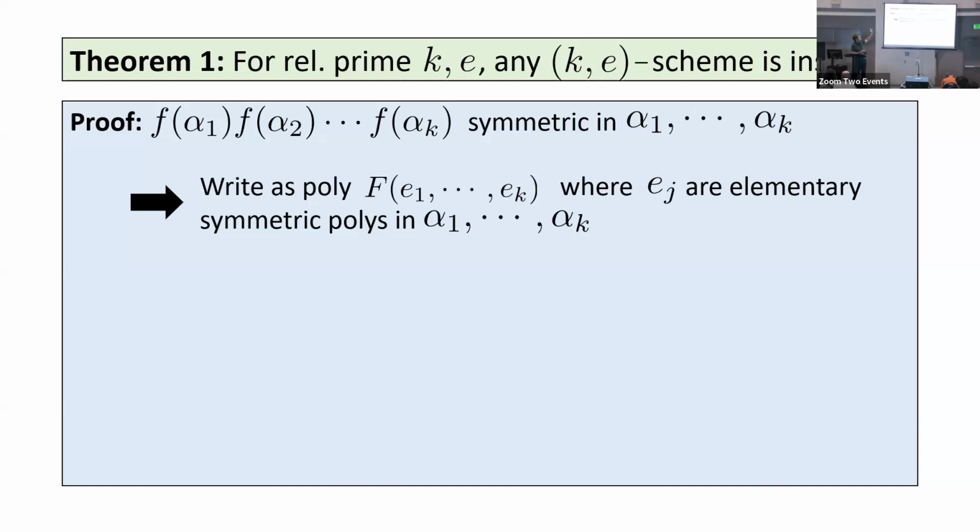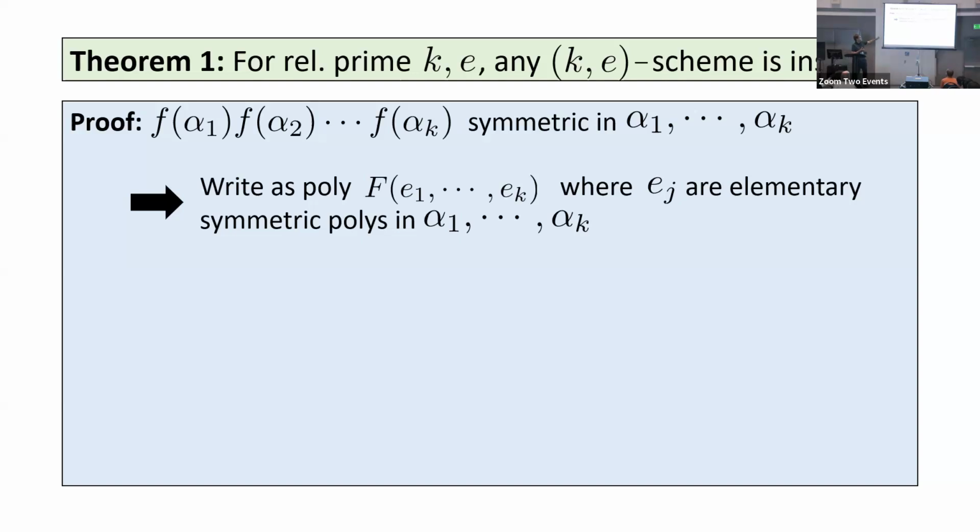So what we're going to do is write this formal polynomial f of alpha 1 times f of alpha 2 all the way up to f of alpha k. And this is just some polynomial in the variables alpha 1 through alpha k, and it's symmetric in the alphas. What this means is we can write any symmetric polynomial as another polynomial in these e sub j's, which are the elementary symmetric polynomials.